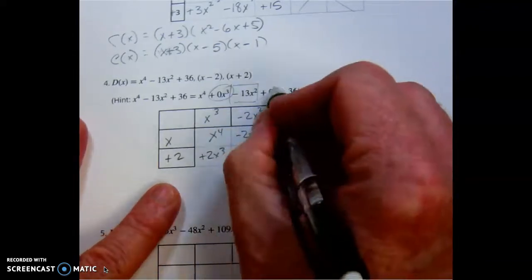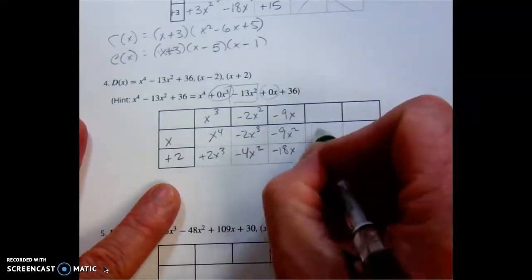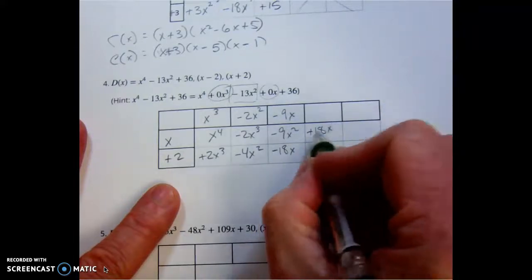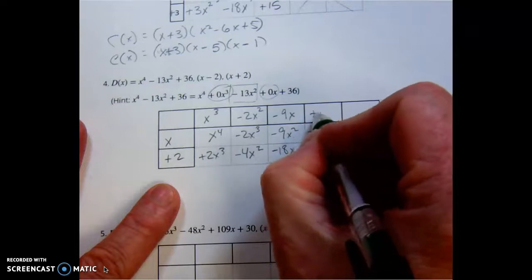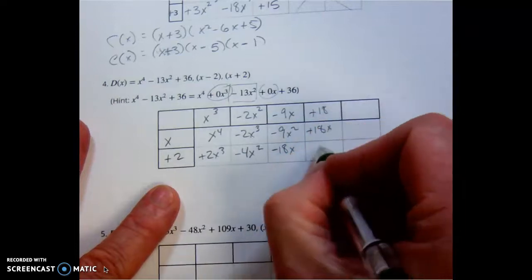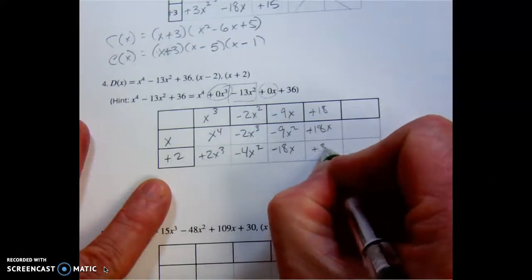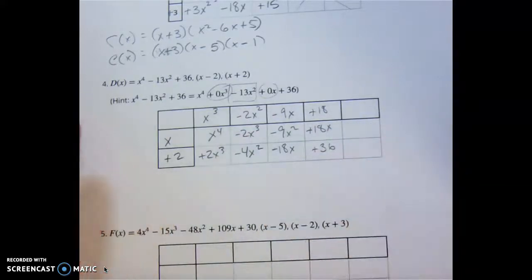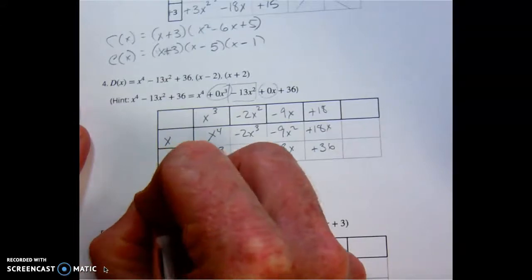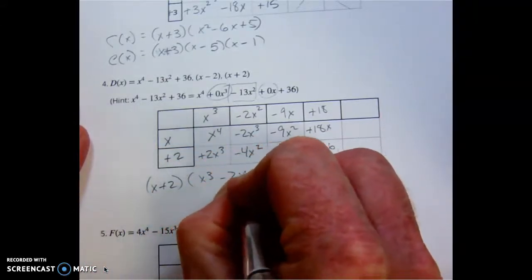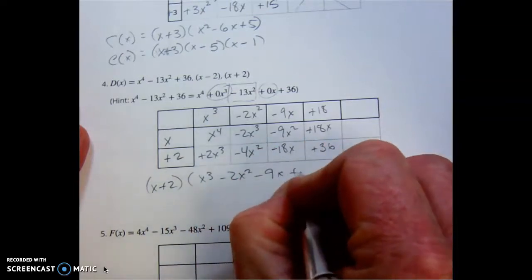Okay, well, I want 0x, so I'm going to add 18x. If I take the x off of that, I've just got plus 18. And then 18 times 2 is plus 36. Okay, so I'm down to x plus 2, x cubed minus 2x squared minus 9x plus 18.